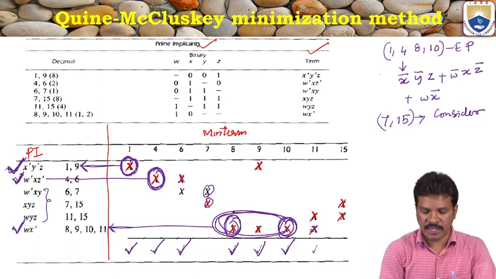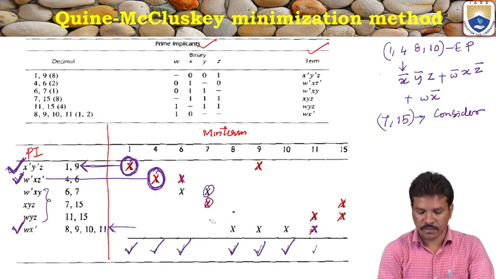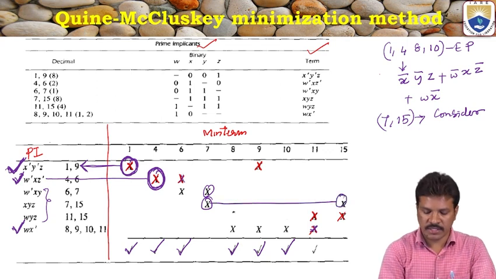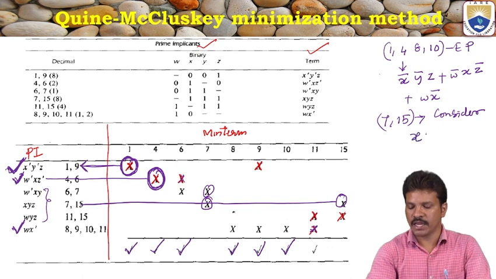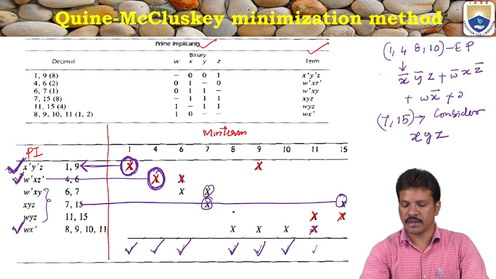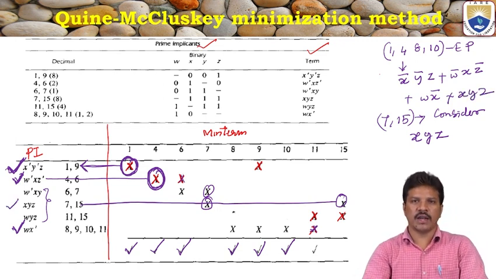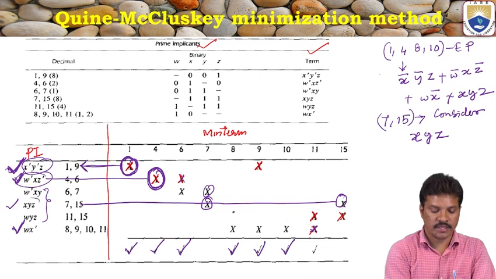So what about 7? For example, if you see here, 7 and 15 are covered by the same prime implicant, xyz. So we can consider the single prime implicant xyz in the final answer. So this is also considered. The remaining 2 are left. This one is considered, this one is minimized, this one is minimized.